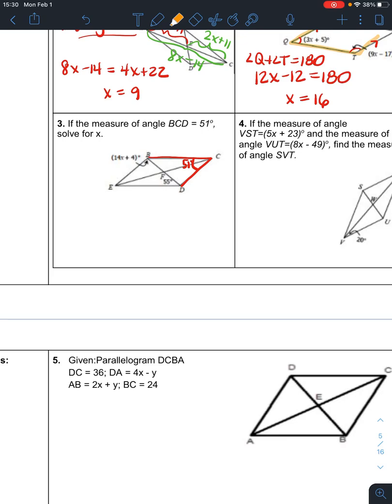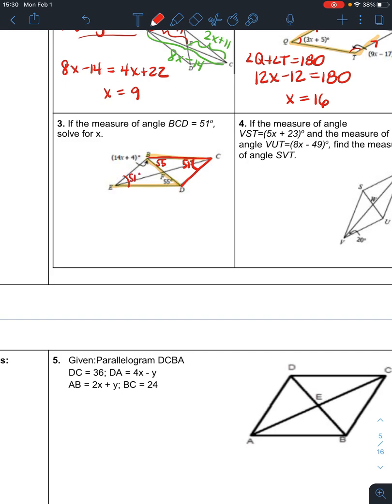And so pretty much anytime you're going to have these diagonals and you're talking about the angles, you are more than likely going to be using that the alternate interior angles are congruent. So what I want to do is, if you ever have numbers, go ahead and label them all. So this is 55 degrees, not 51, because it's alternate interior.